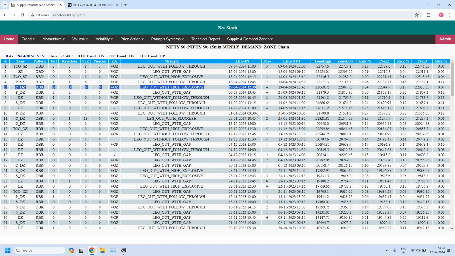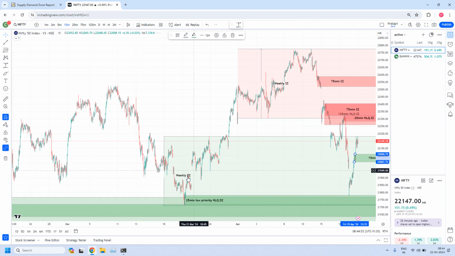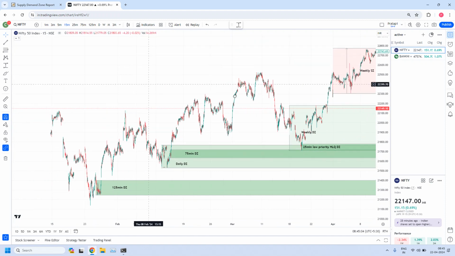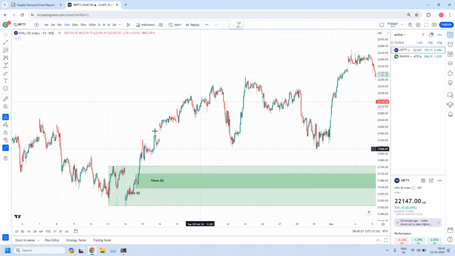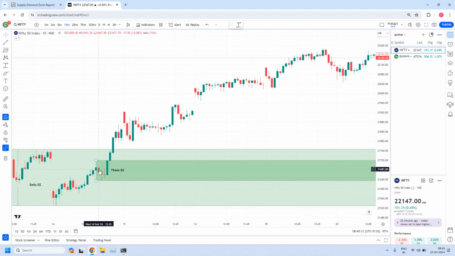After that we have only 14-2, 13-15. 14-2 means somewhere maybe here. 14-2 within this area. Yeah, here inside this 75 minutes.